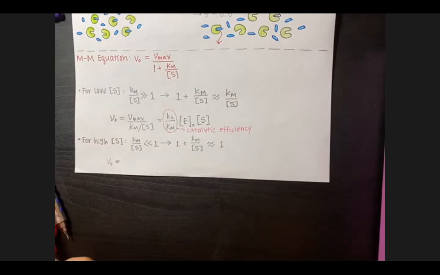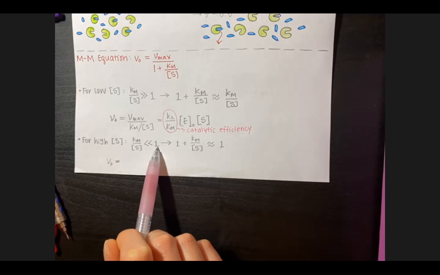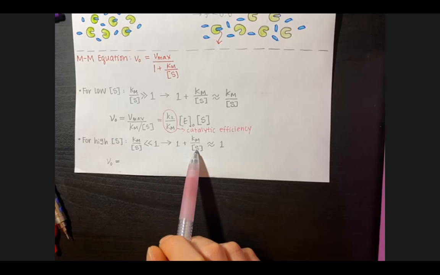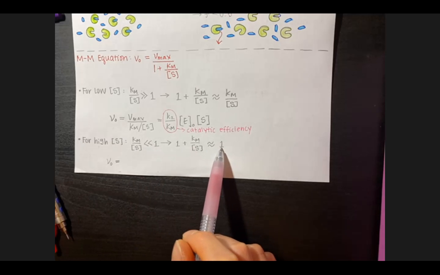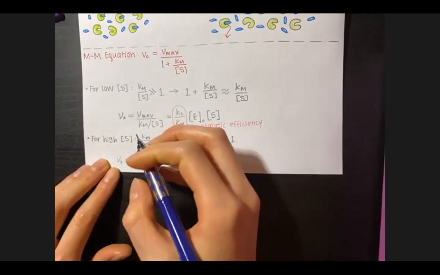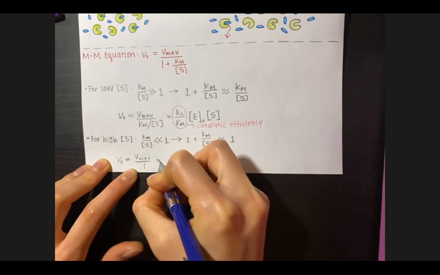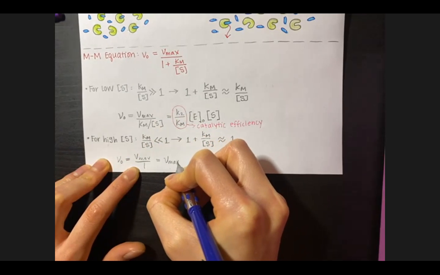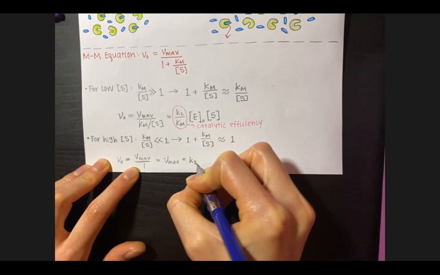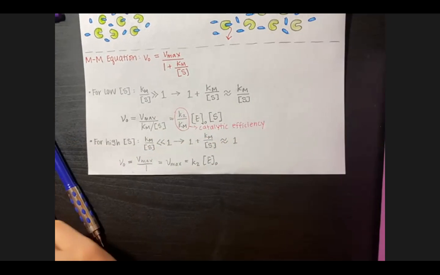And when you have high substrate concentration, this term is much less than 1. And so the denominator now becomes 1. And then you just get that the initial velocity is Vmax over 1. And so that's Vmax. And we can substitute this in again.